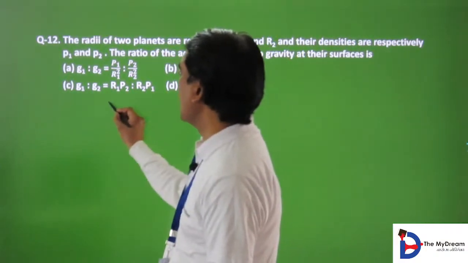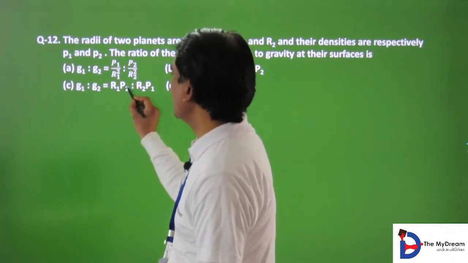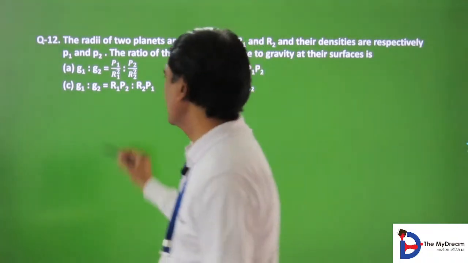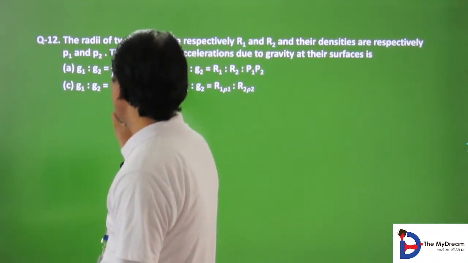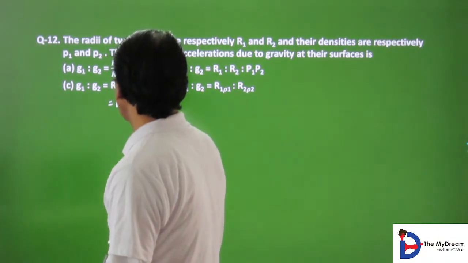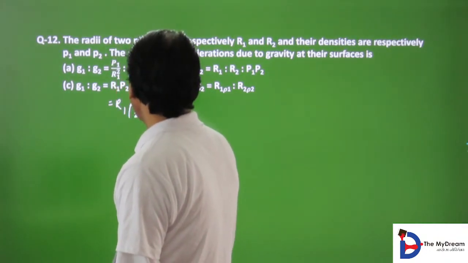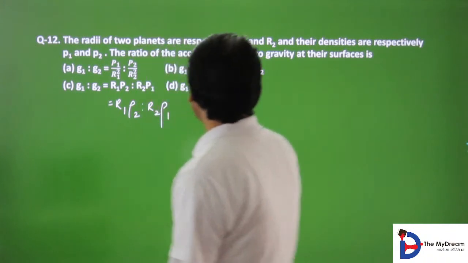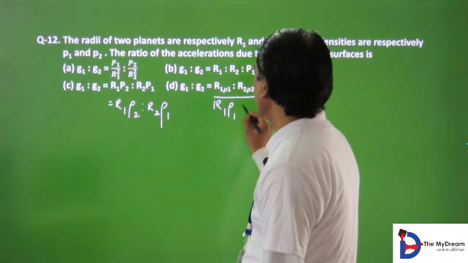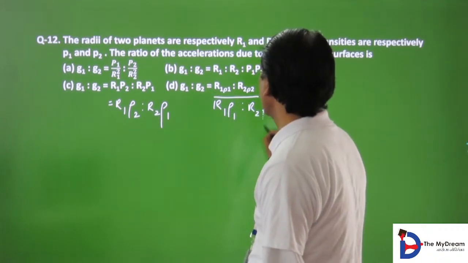This is R. This is not P2, P1. This is rho 1, rho 2. R1, rho 2, R2, rho 1. Similarly, you can write down here R1, rho 1, R2, rho 2.